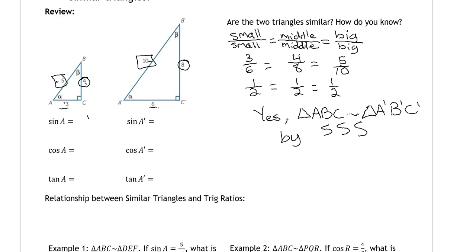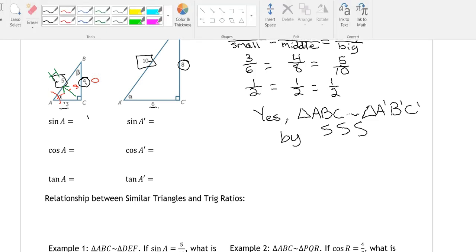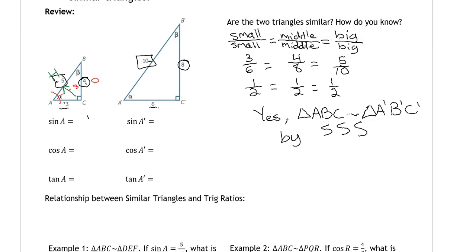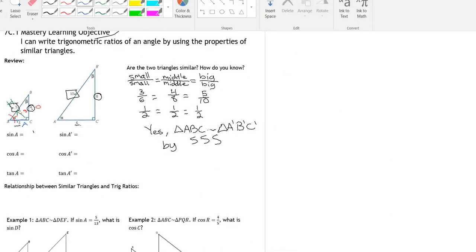Now it's asking me to find the sine, cosine, and tangent of these. Again, I'm going to start with this triangle. 5 is going to be my hypotenuse. If I'm finding the sine of A, that 4 is my opposite side. And then 3 is my adjacent side.